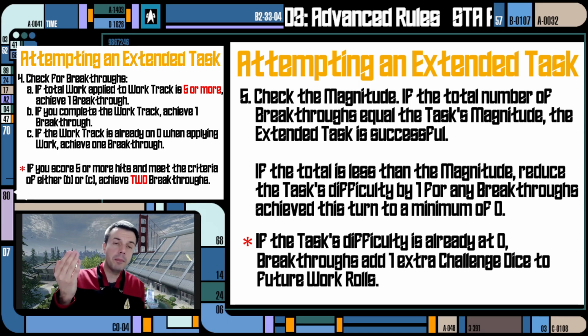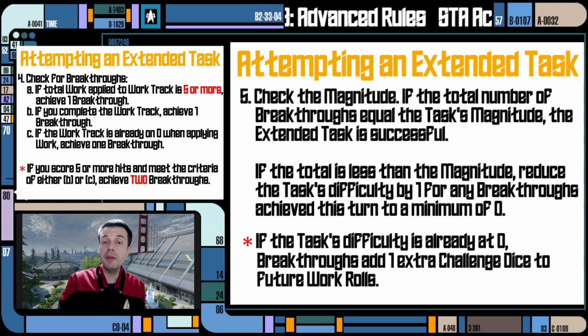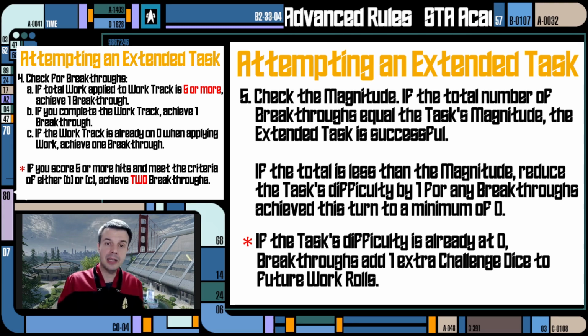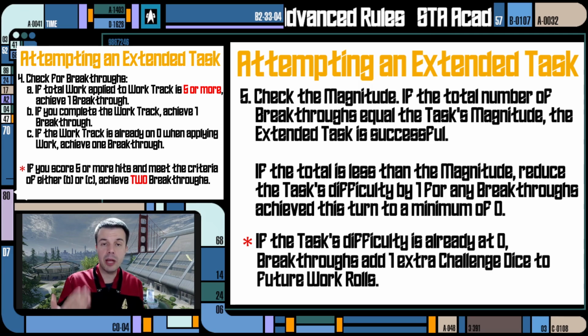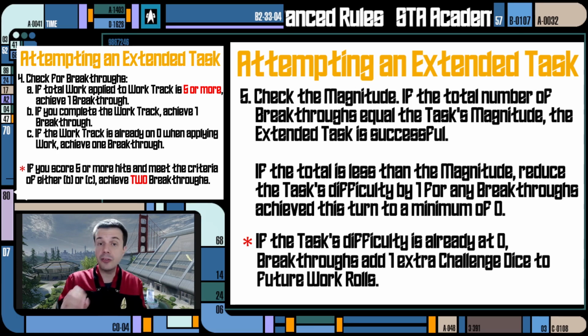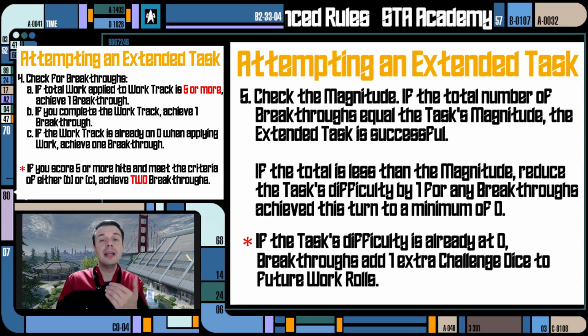If the track was already at 0 before you started to apply your hits, any hit that's applied to it, any stress applied to it, gives you a breakthrough. And just let me point out, that's not for each point. It's the act of applying stress to it that gives you a breakthrough.